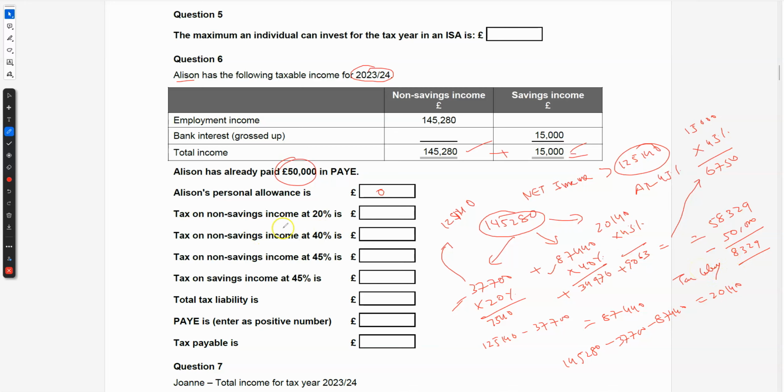So, non-saving at 20% is 7,540. 40% is 34,976. 45% is 9,063. Then saving at 45% is 6,750.